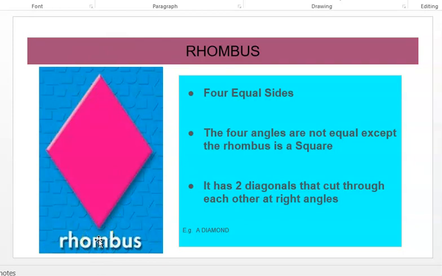Remember, in a square, we have all the angles at 90 degrees. But in a rhombus, two are wider and two are smaller than 90 degrees. And then there are two diagonal lines, from up to down and from side to side, that run through the rhombus. A perfect example of a rhombus is a diamond.